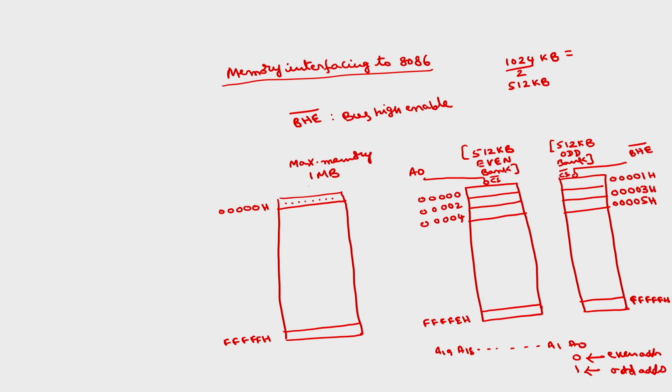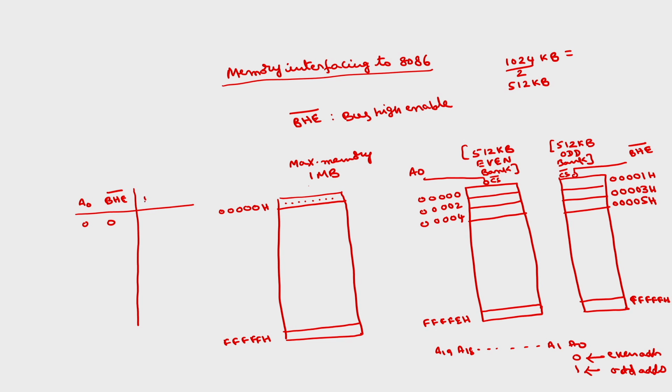Now, based on this A0 and BHE bar, we have 4 different operations. So, if I form a table here, A0 and BHE bar, if it is 0 0, what does it mean? Both even bank and odd bank will be selected.